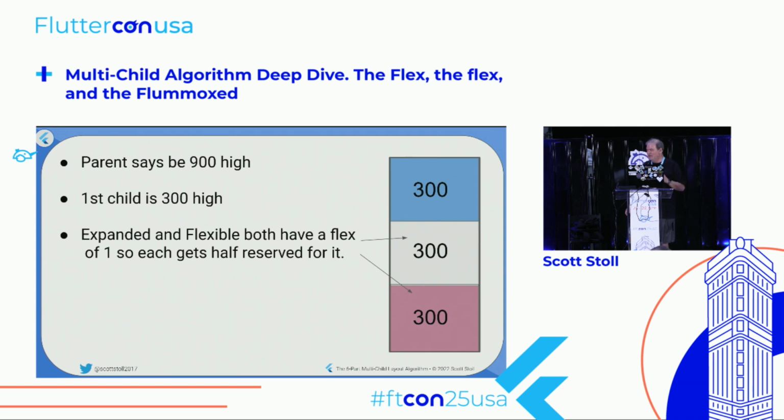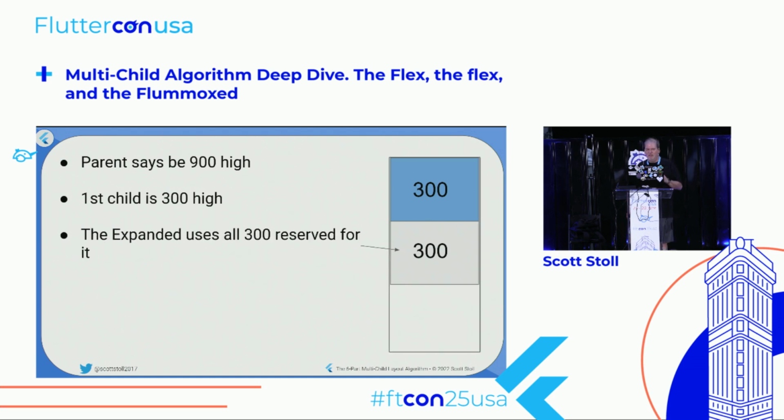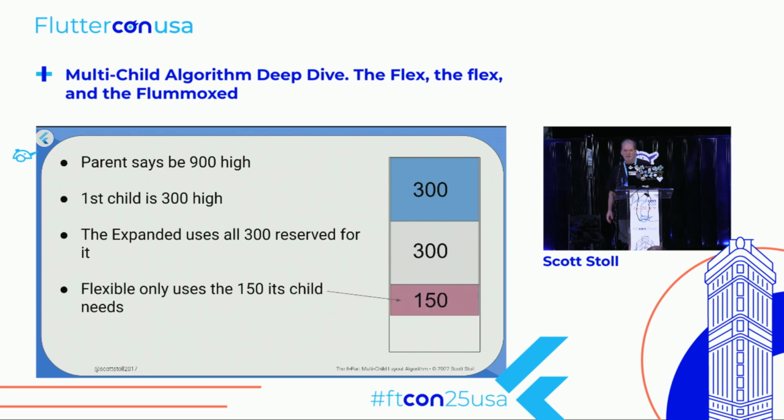When they get laid out, the expanded uses everything that was reserved for it, which is 300, okay, because it's forced to take all the available space. However, when we lay out the flexible, it only uses 150. Well, this is a 900 high column, right?